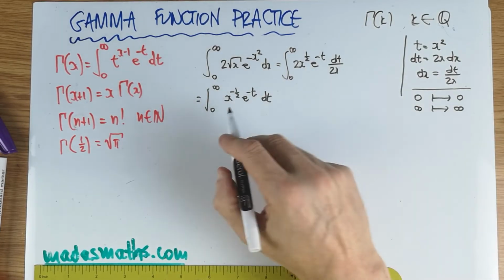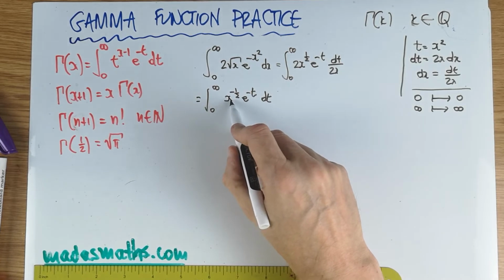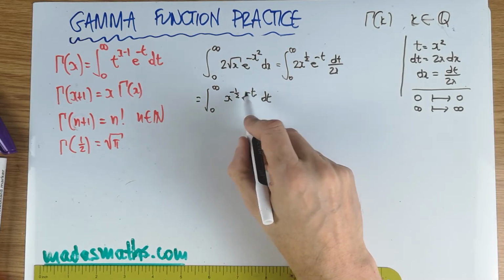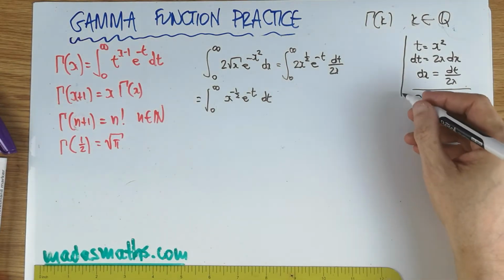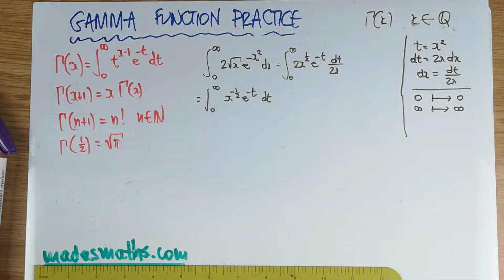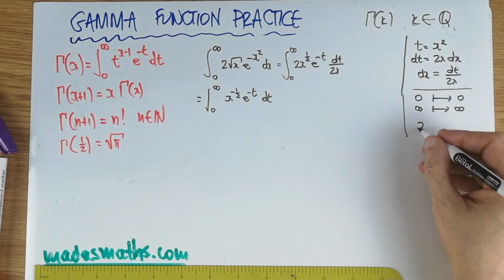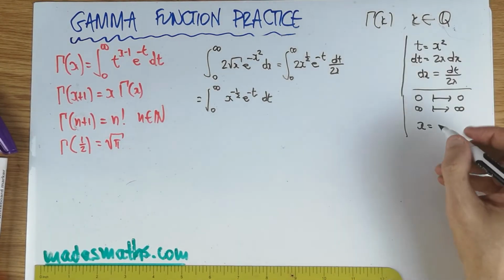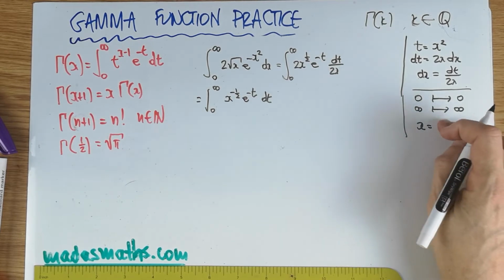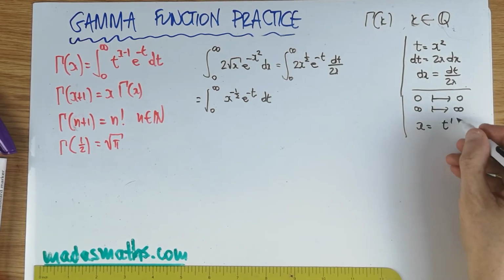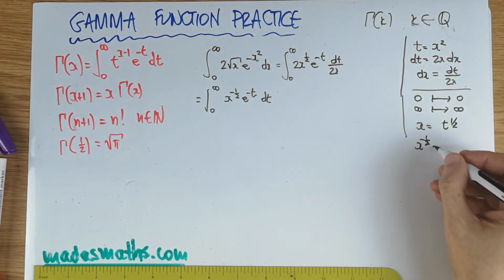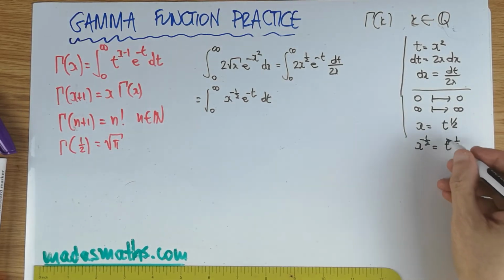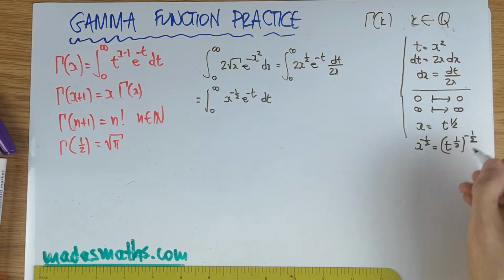Now it's very easy to say that's the gamma of a half. It's not, because this is x and this is t. We need to have the same variables. So we need to go back here. x is t to the half, and therefore x to the minus a half is t to the half all to the minus a half.